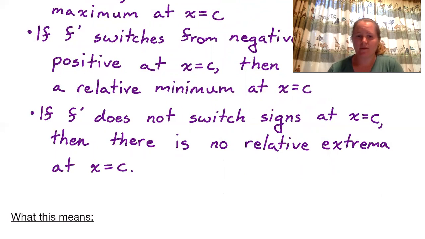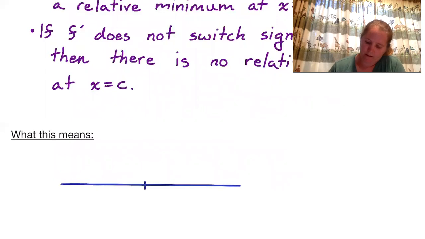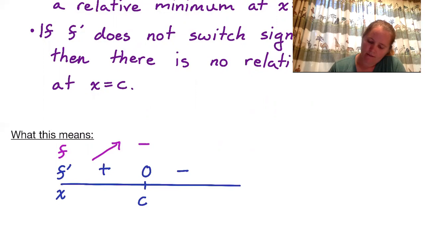So essentially what this theorem is saying is, if we have the situation we were dealing with before, here is c, so this is our x values and our f prime. We have our critical value at c, so maybe f prime is equal to 0, or maybe it's undefined. If we switch from positive to negative, we know that f is going up, flattens out, and goes back down.